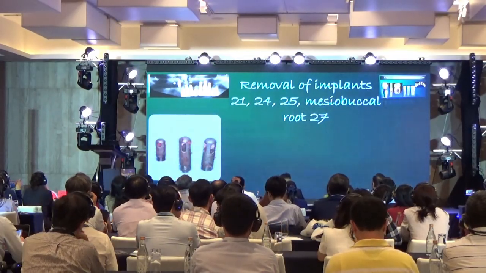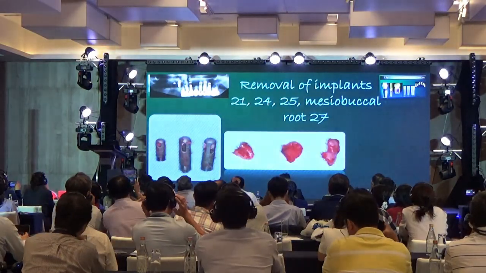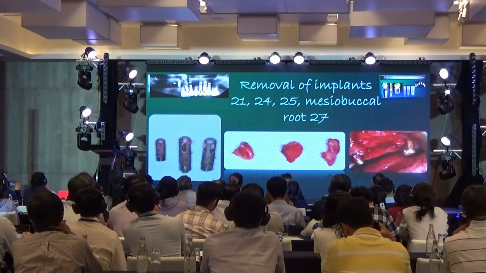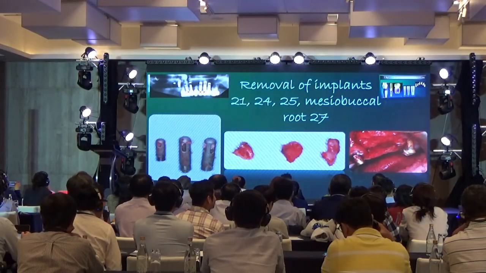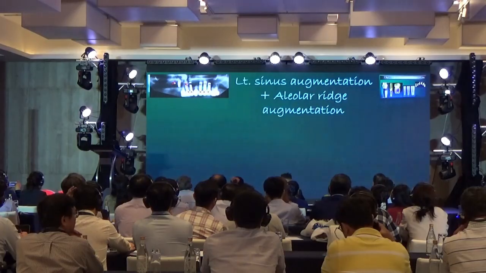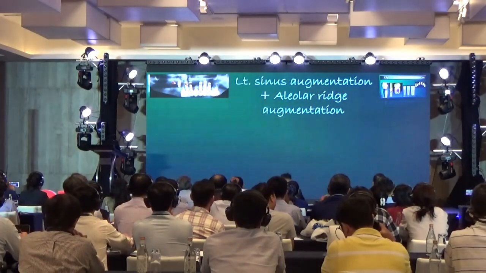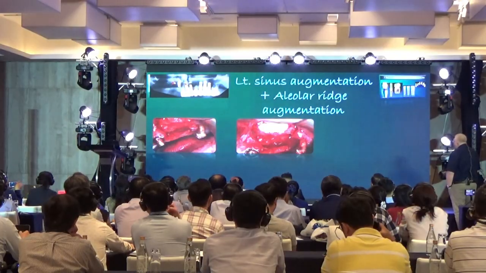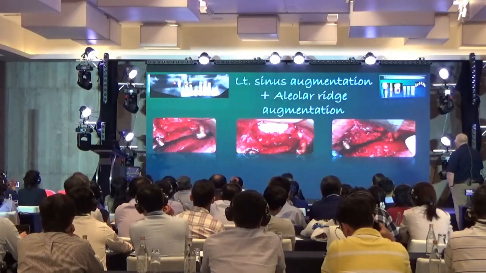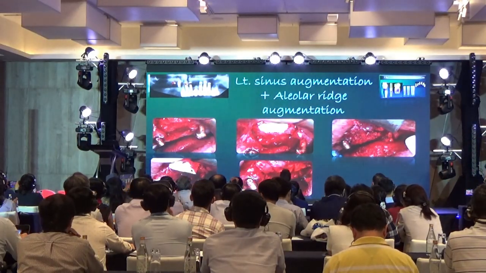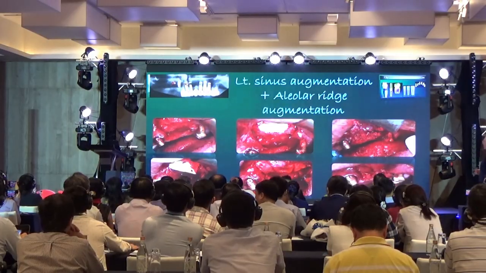So again, we take out the implants, soft tissue growing there was removed. We take out the mesobuccal root, and again, we do sinus augmentation and alveolar rejuvenation, membrane coverage, and closure.